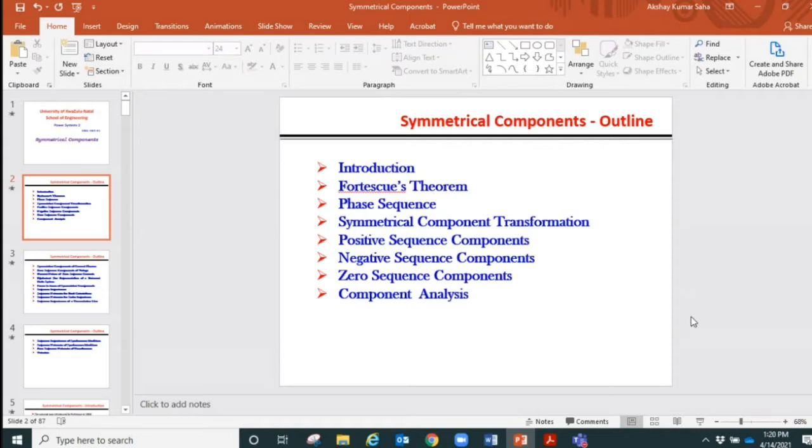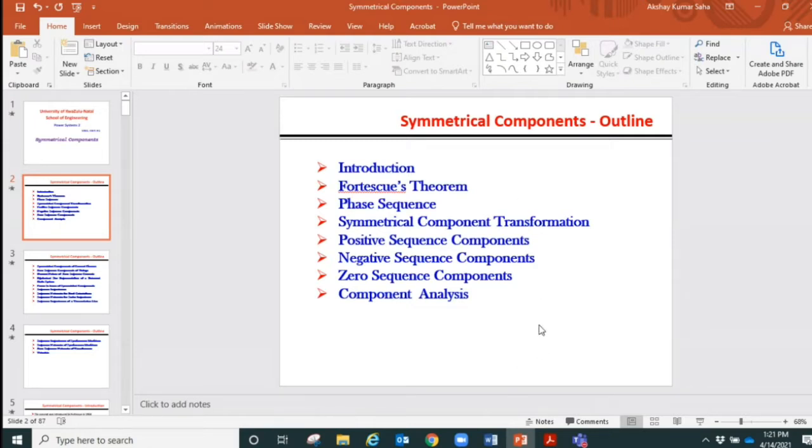So what was done to make it a little bit easier? Fortescue, a scientist, introduced a theorem called the symmetrical components theorem, or three component theorem, that we use in connection with our power system to make fault analysis easy, especially for asymmetrical faults.